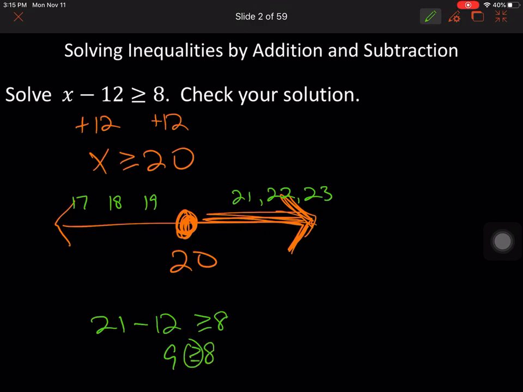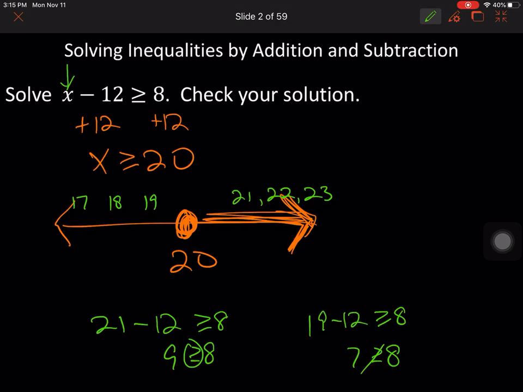And so that's a true statement, which means that we've got our shading correctly. Now, if we picked a number that did not get shaded, 19 for example, 19 minus 12 greater than or equal to 8, right? We're just substituting into our inequality. So 19 minus 12 is 7. 7 greater than or equal to 8? Not, right?